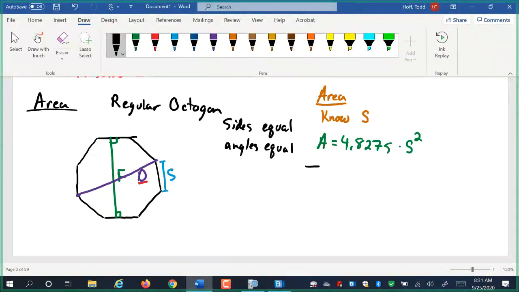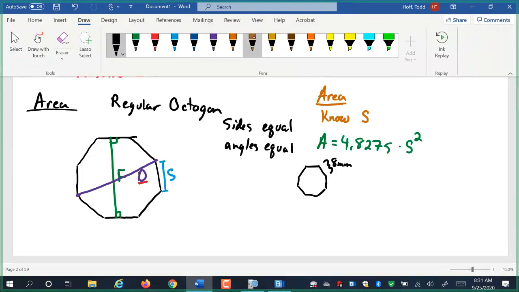Well, what's that mean? Let's say we have our little octagon there. Then that octagon has a dimension on each side of 8 millimeters.